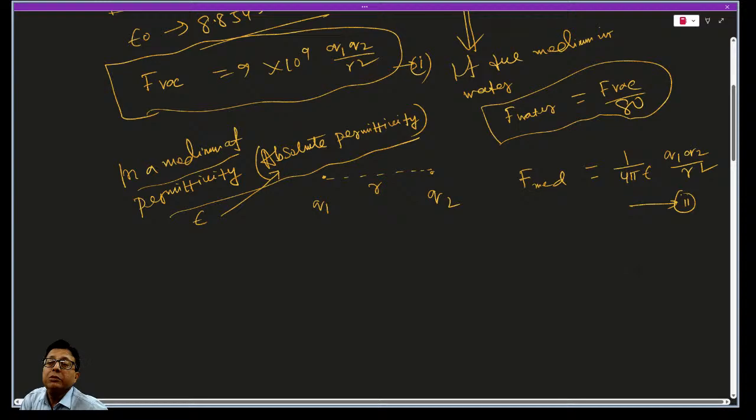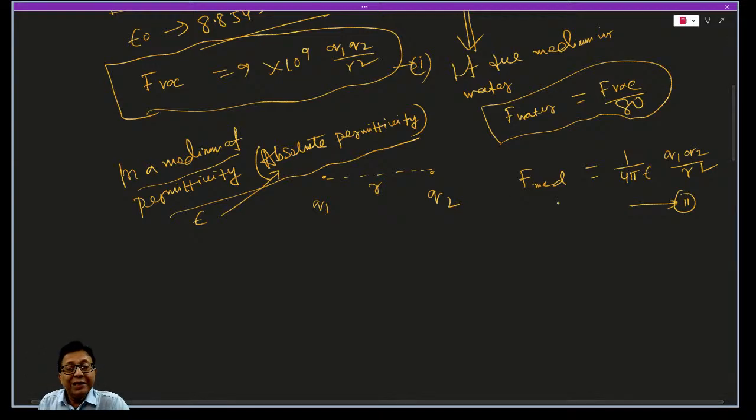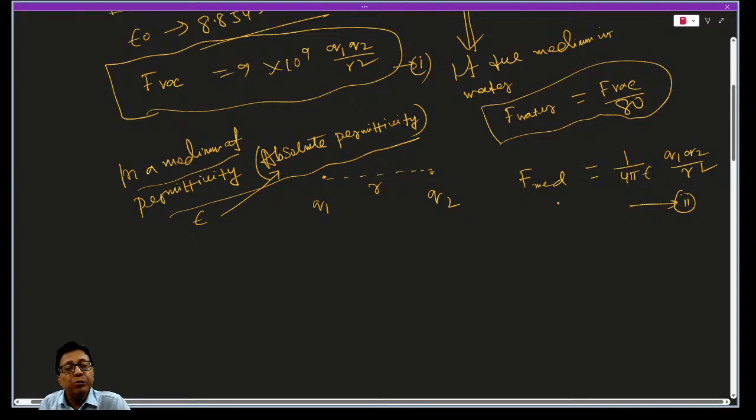Now, if we compare the force in vacuum and the force in medium, then just divide 1 by 2. What do you get?